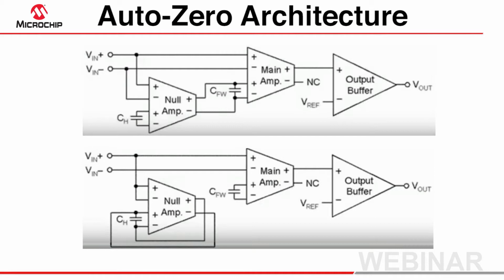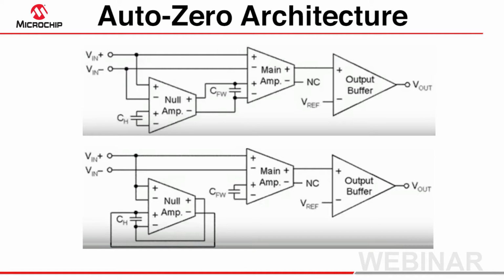The null amplifier is still tied to one of the inputs, so the null amp input will track the common mode voltage. The feedback of the null amp goes back to C sub H in a voltage feedback configuration, forcing the voltage across C sub H to create the lowest offset possible.